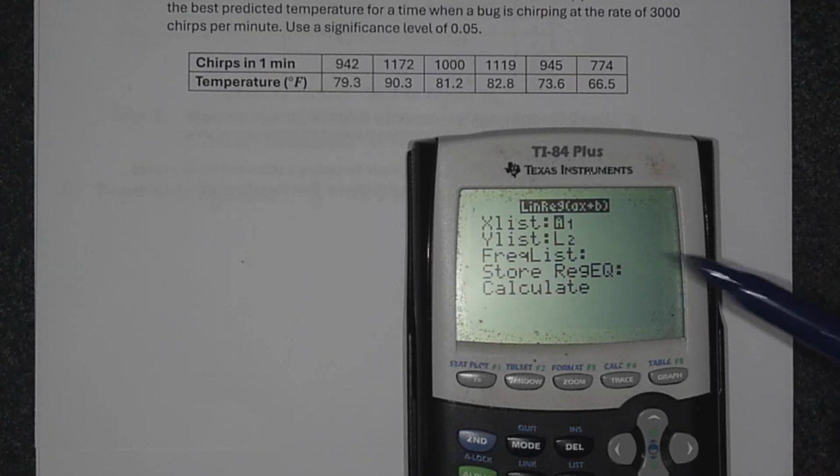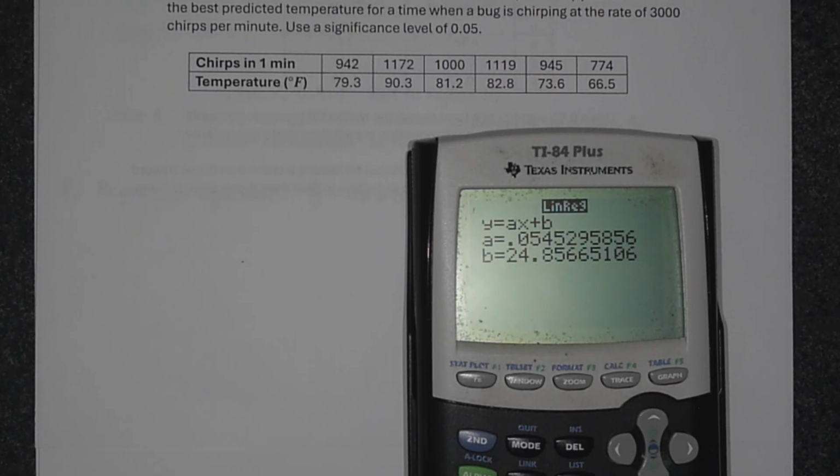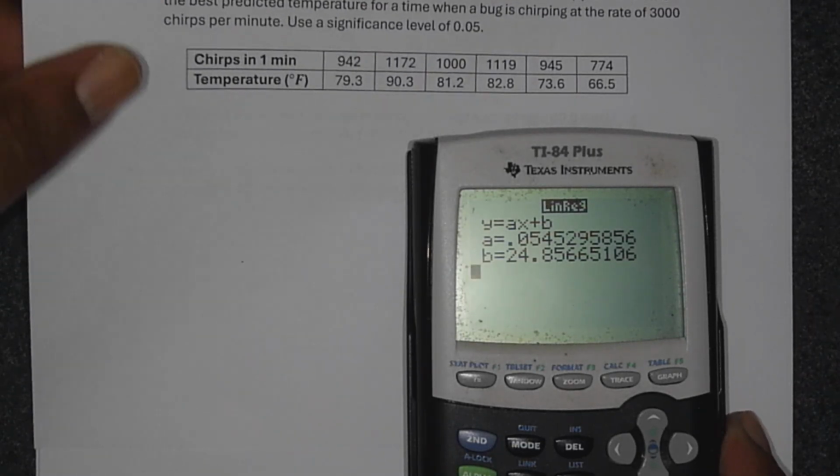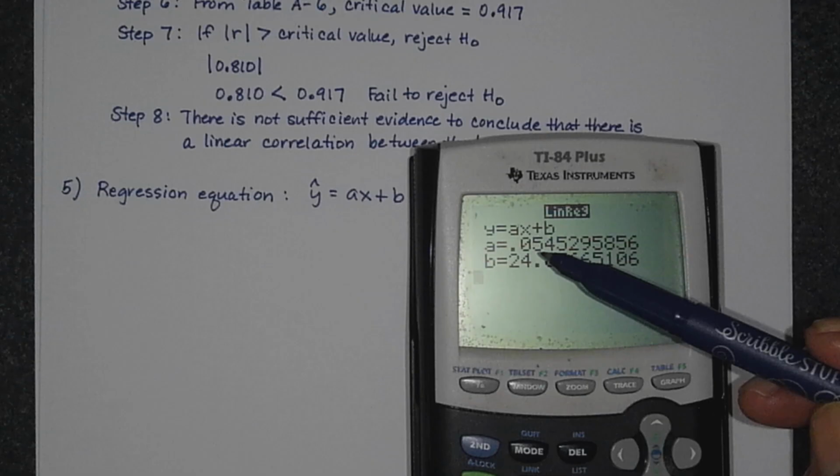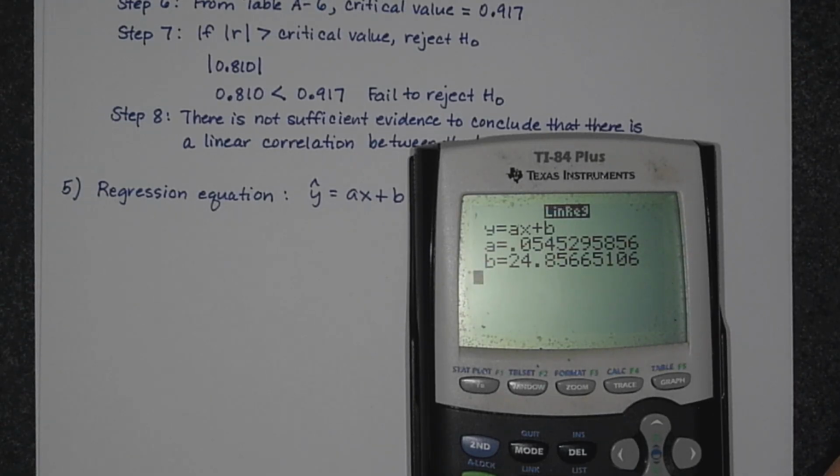Your Y list should be L2. Frequency list and store regression equation, those can be left blank. Go all the way down to calculate and press enter. And you're given the y equals ax plus b, and you're told what a is and what b is. And we're going to round those off to 3 decimal places. So for the a to 3 decimal places, that would be what?